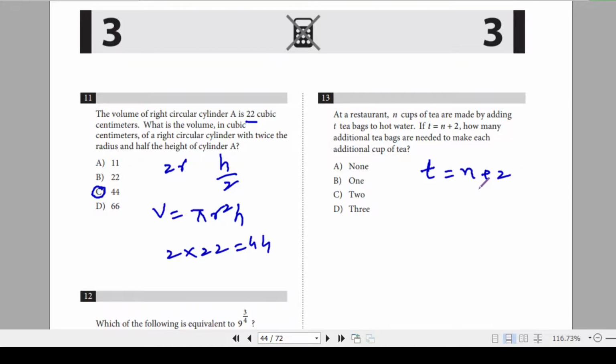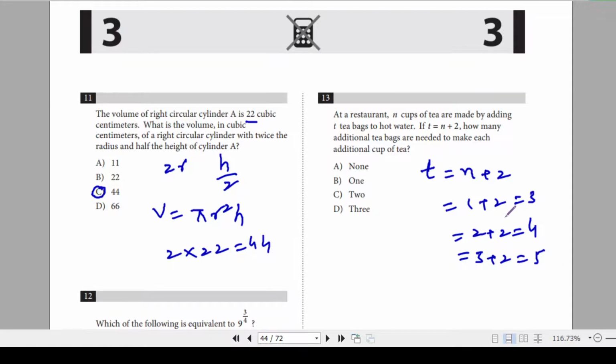If we are not making any cup of tea, you will be having 2 tea bags in the hot water. If you want to make 1 tea, then you will have 3 tea bags. And if you increase 1 more cup of tea, then you will have 4 tea bags. 1 more cup of tea, and you will have 5 tea bags.